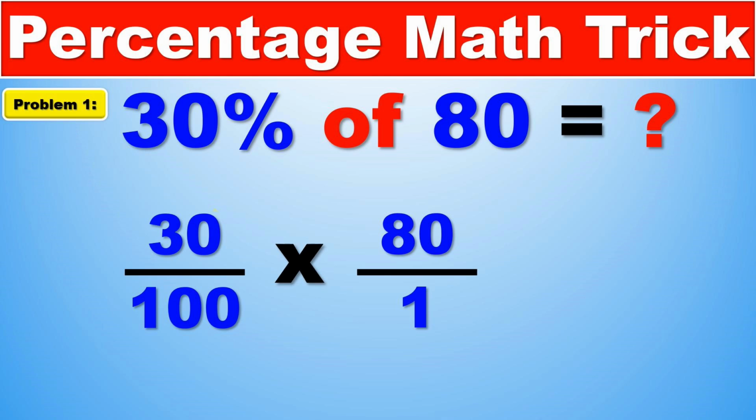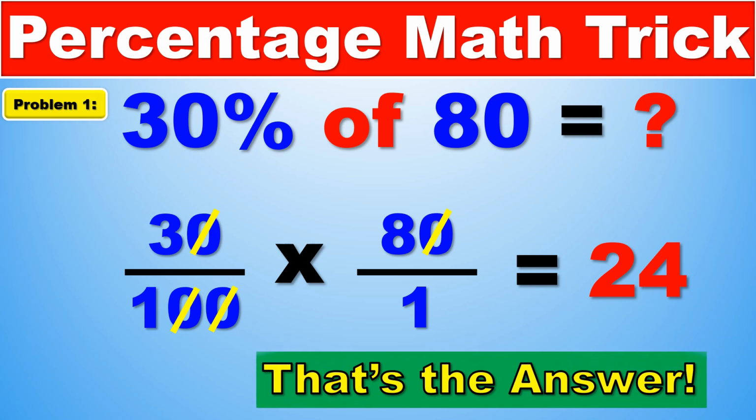First, we can get rid of the zeros in 30 and 100, and pretty quickly we're left with 3 over 10 times 80 over 1. Then we can remove the zeros in 10 and 80 to get 3 over 1 times 8 over 1. And this is 3 times 8, which is 24. So the answer to 30% of 80 is 24.